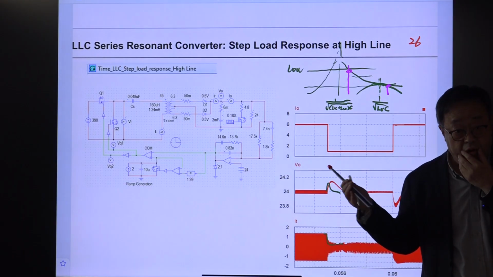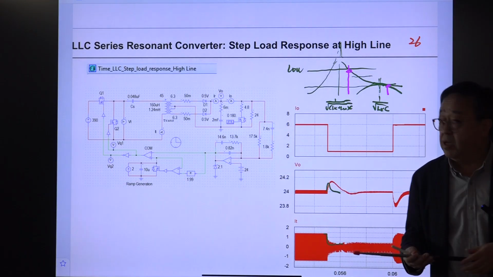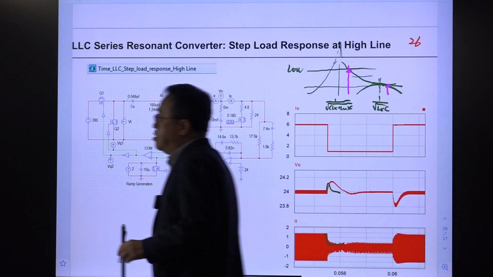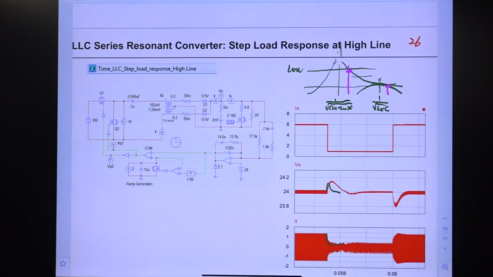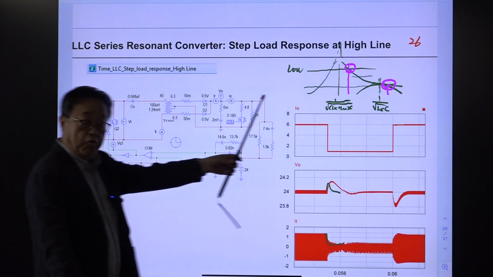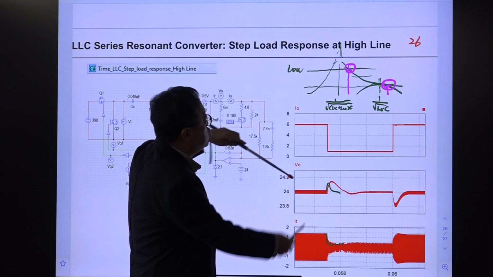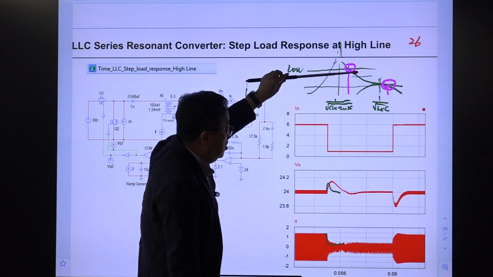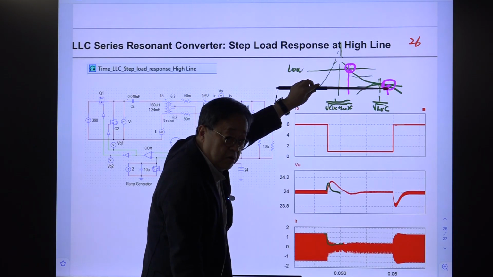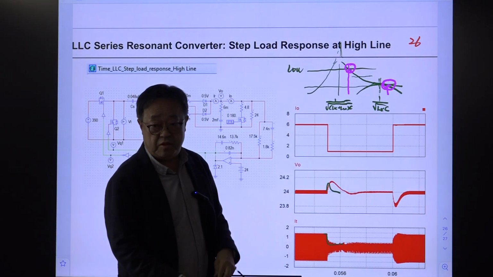Okay, we solved this problem with a new current mode control, and the problem with voltage mode control is the slope of this curve. The slope of this curve is very steep here, and here the slope is very gradual. Slope translates to the gain of some transfer function. So this is high gain and this is low gain. At this operational point, we designed the controller using this high gain, and if we move to this low gain area, performance will suffer a lot.